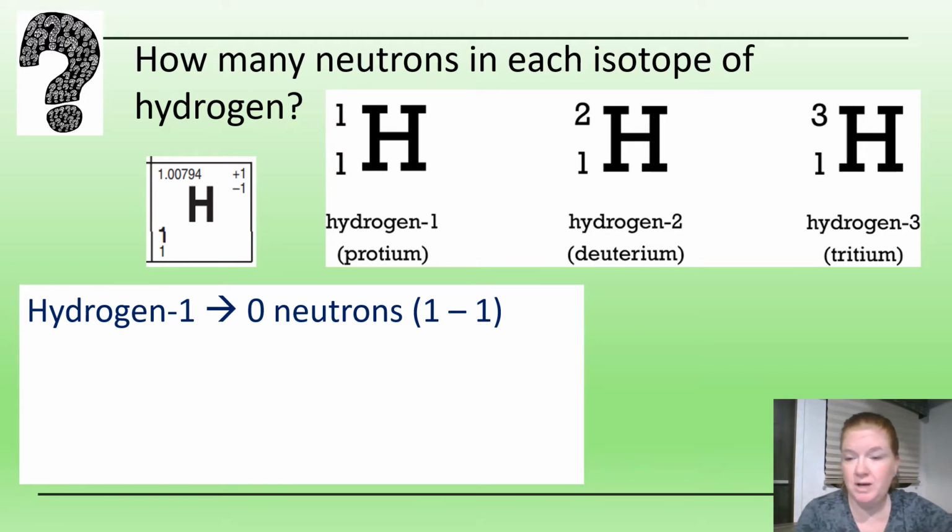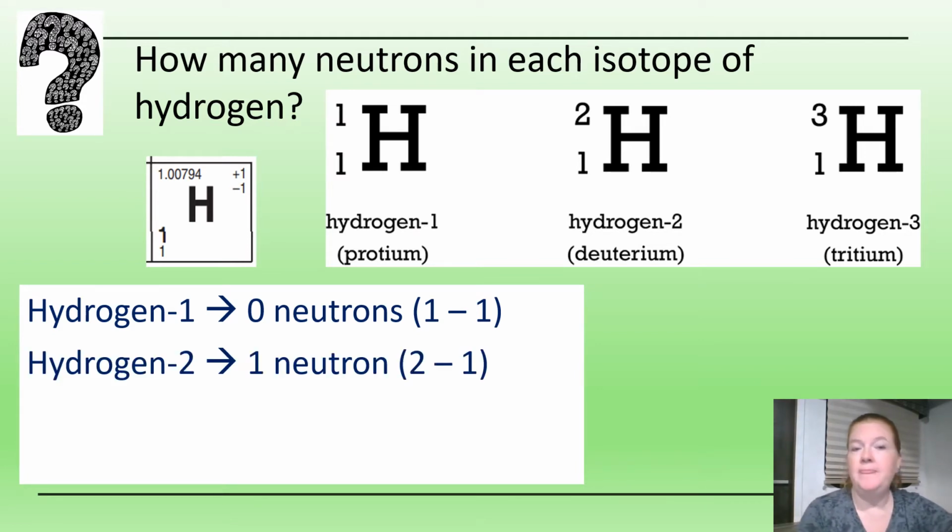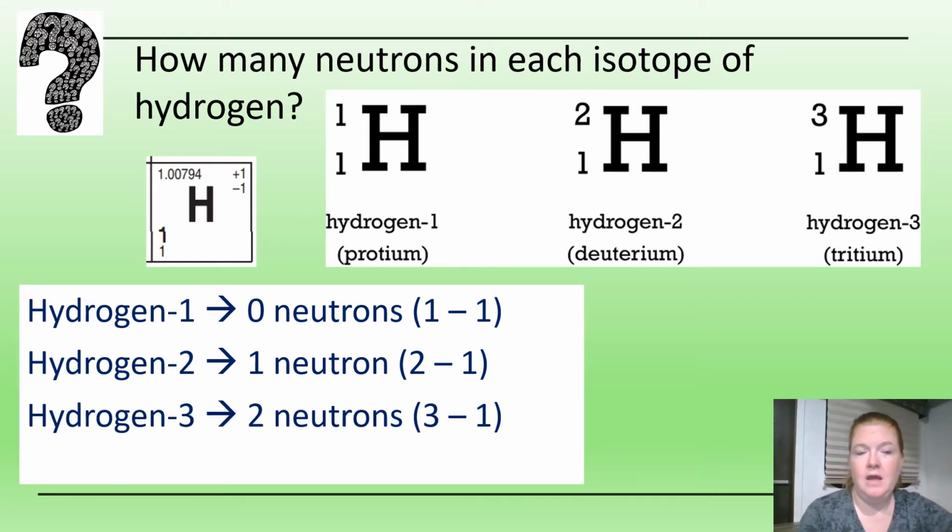So hydrogen 1 has 0 neutrons. Hydrogen 2, I do 2 minus 1, so hydrogen 2 has 1 neutron. And then hydrogen 3, I do 3 minus 1, so hydrogen 3 has 2 neutrons.